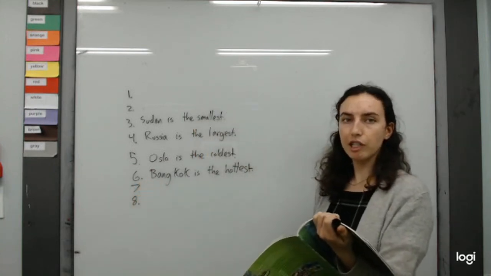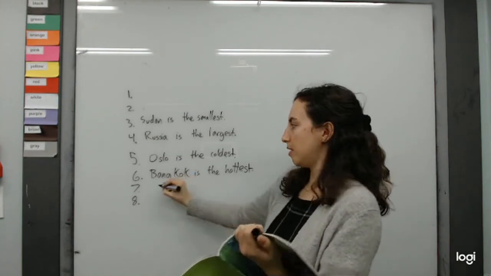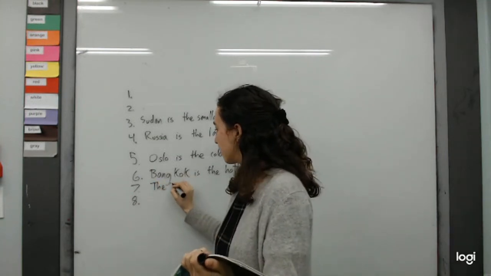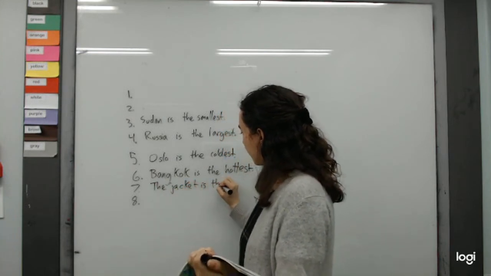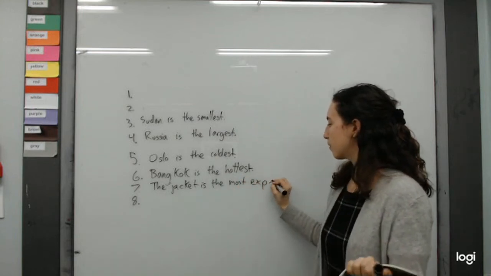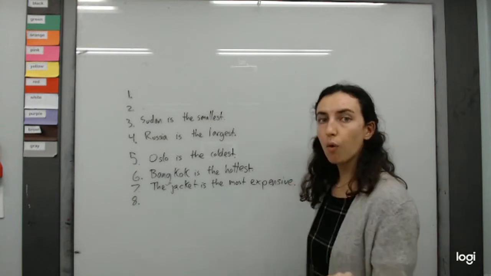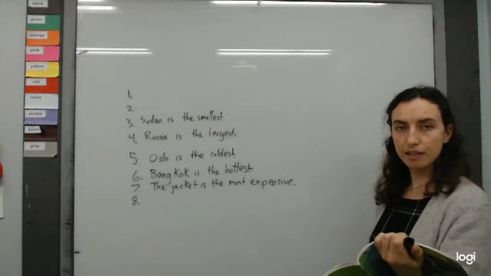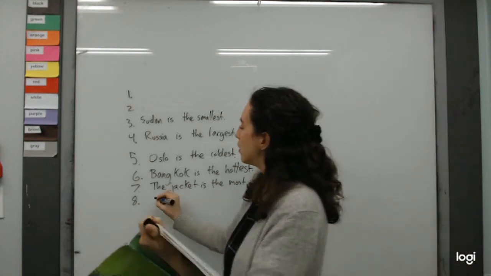Number seven, which is the most expensive? The jacket is the most expensive. Which is the cheapest? The shirt is the cheapest.